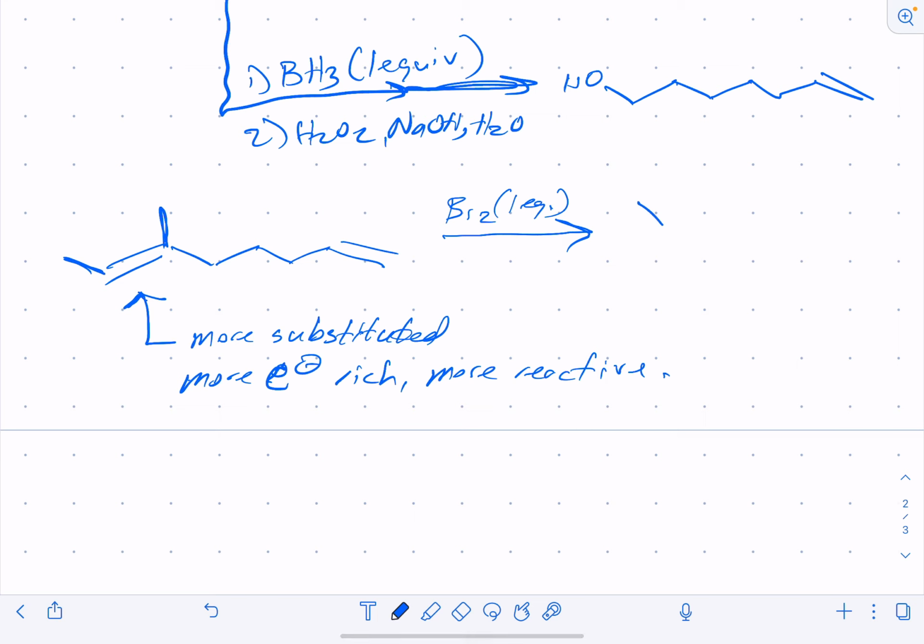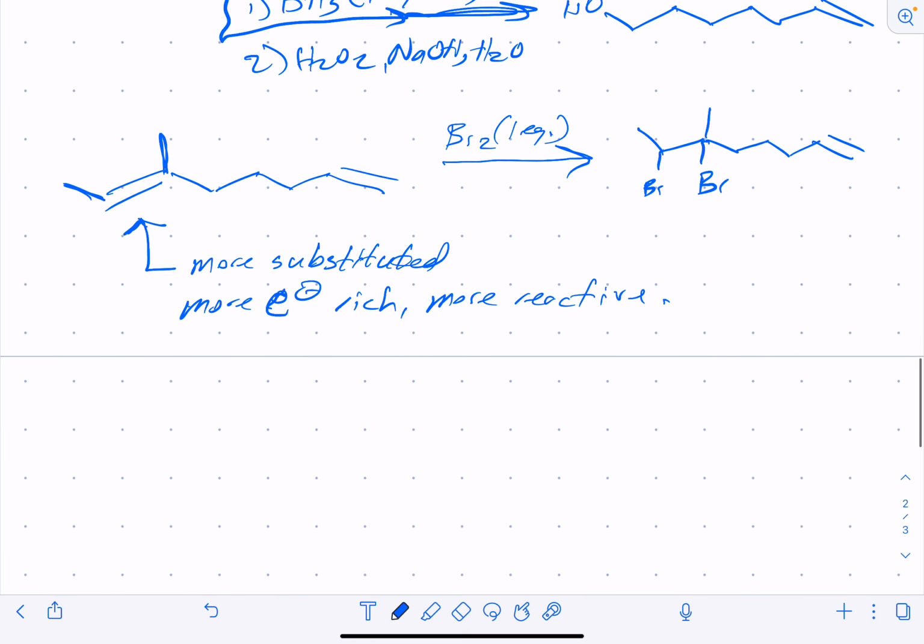So I would expect to preferentially react the more substituted double bond exclusively and leave behind the less substituted double bond. So I can actually take advantage of these differential electronics in the more substituted double bond versus the less substituted double bond and get reactivity to occur exclusively at the more substituted double bond.